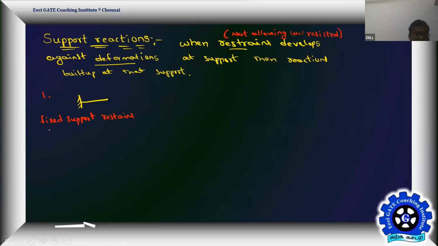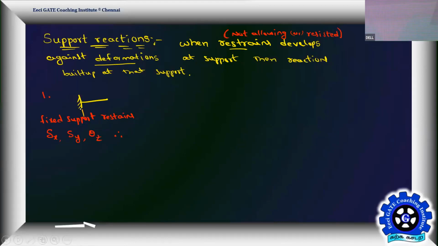Fixed support restrains displacement in X direction, displacement in Y direction, and rotation about the Z direction. Therefore, how many reactions does it have? The number of restraints is the number of reactions that are going to develop. Tell me, fixed support has how many reactions? 3, sir.